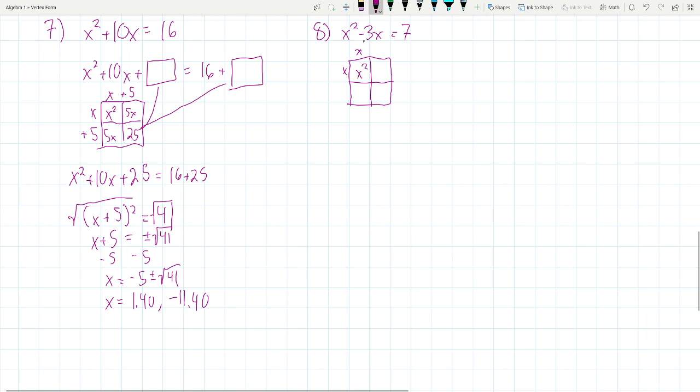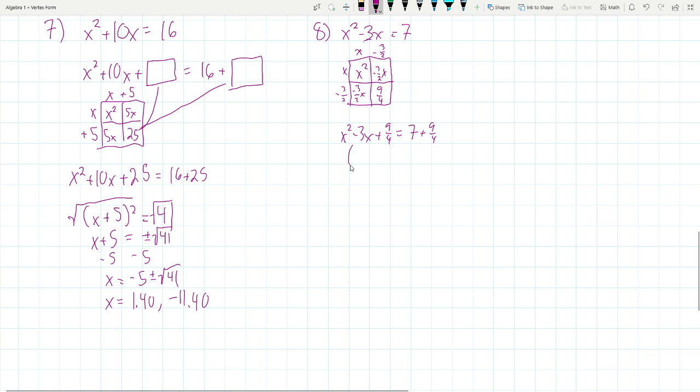I want to do half of this, so negative 3 over 2, negative 3 over 2. So it's negative 3 over 2x, negative 3 over 2x. This makes 9 over 4. So I'm going to add 9 over 4 to both sides. So I go x squared minus 3x plus 9 over 4 equals 7 plus 9 over 4.